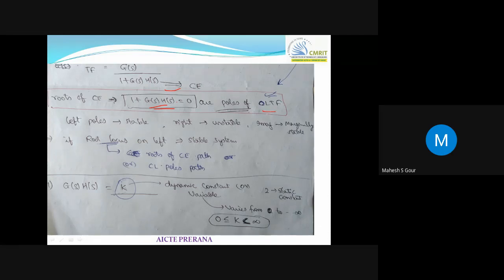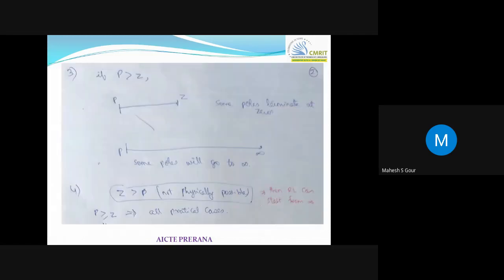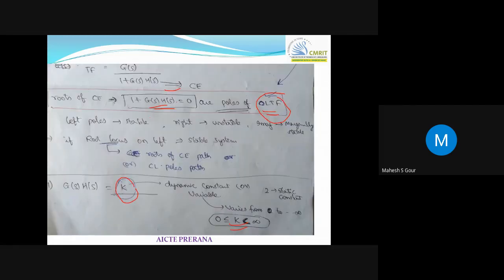These are also the poles of the transfer function. And here we are varying the K from 0 to less than infinity. Now we are going to draw the path of the roots, how it will go.